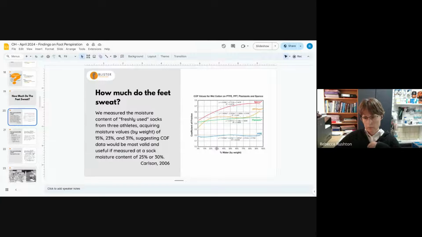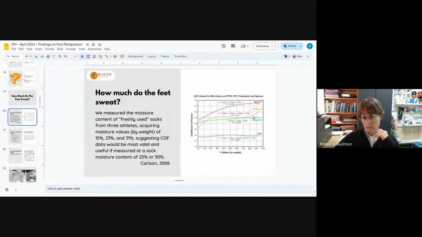But if we just look at what happens as the sock gets wetter, now this is a cotton sock, PTFE, which is the Engo patches or shear band, remains relatively constant no matter how wet the sock gets, about 0.2 coefficient of friction. The yellow one, which is Poron, increases sharply to about that 25–30% mark. Then it levels off, and then it increases again at around 70%.